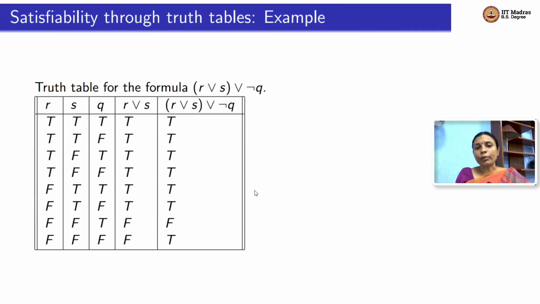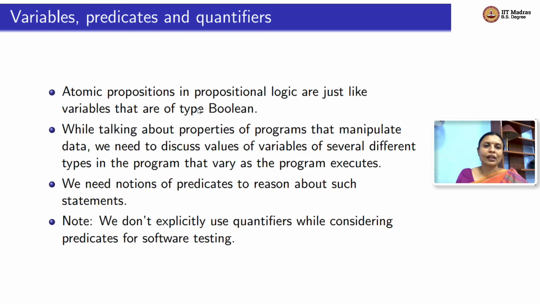Now, this was atomic propositions and propositional formulas. But in programming, we use not only true-false values, we use a whole set of other variables. We use functions, we use relational operators like less than, greater than, we use variables of integer type, we use functions that return something, we could use strings, we could use floating point numbers, several different things.